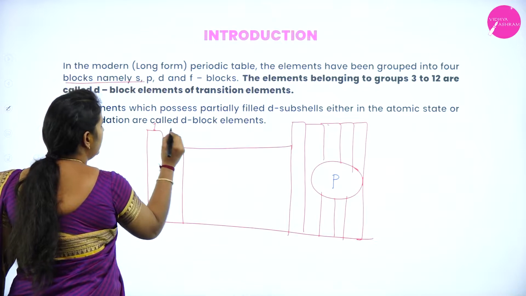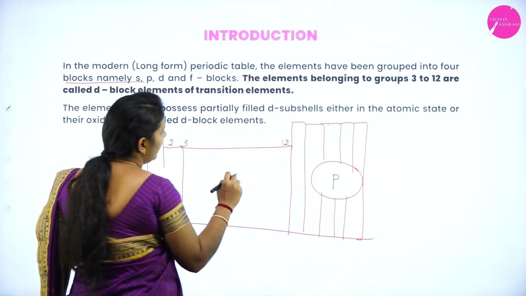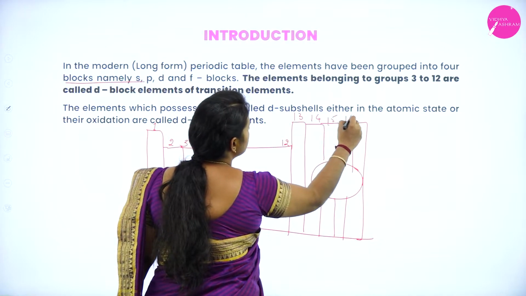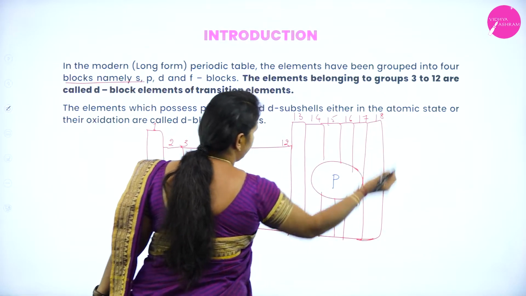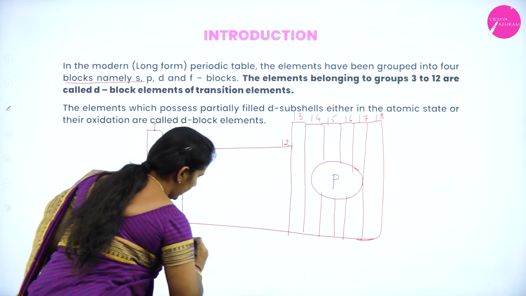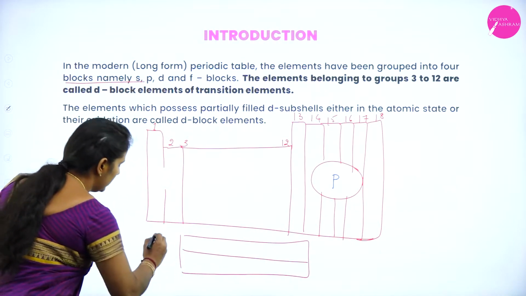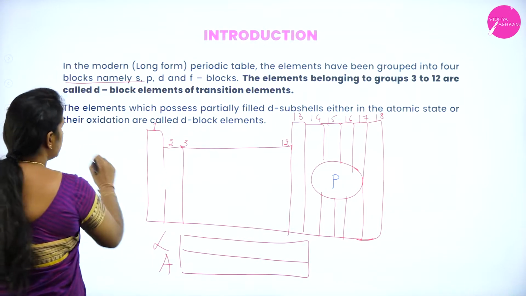So groups 1, 2, then 3 to 12, and 13, 14, 15, 16, 17 and lastly 18. And we have 2 sets below this, the lanthanides and actinides.